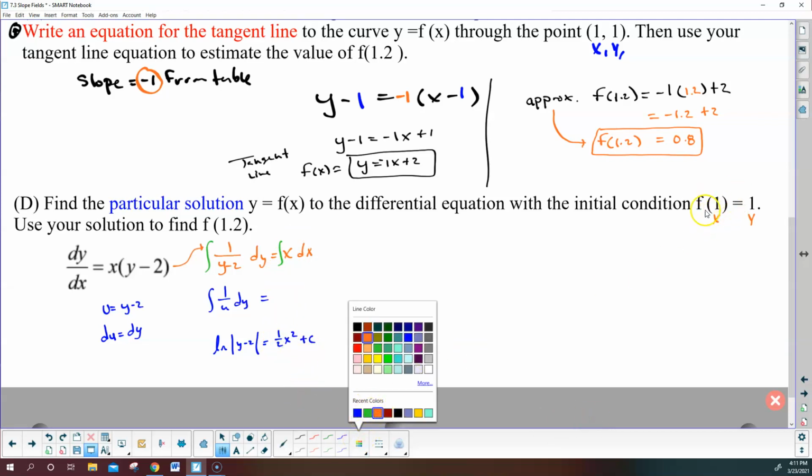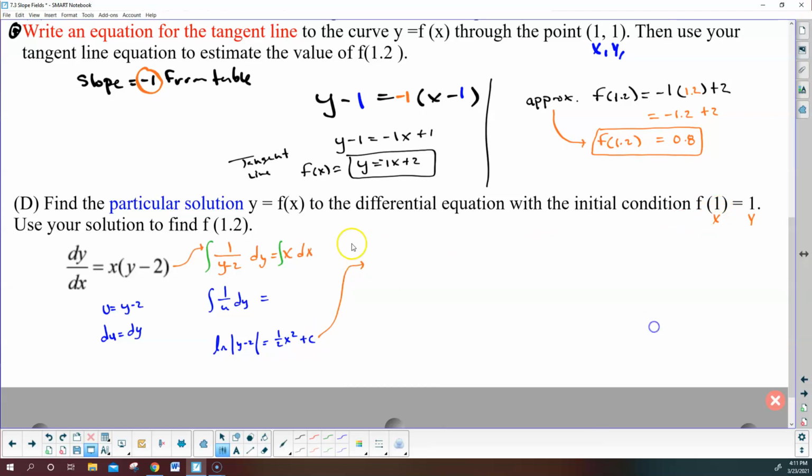Okay. So the next thing we're going to do, as soon as c appears, now you're going to use the initial condition. So my goal next is to find c. And we've done all this a ton of times. So I'm going to plug 1 in for y right here. I'm going to plug 1 in for x. And then we're going to solve.